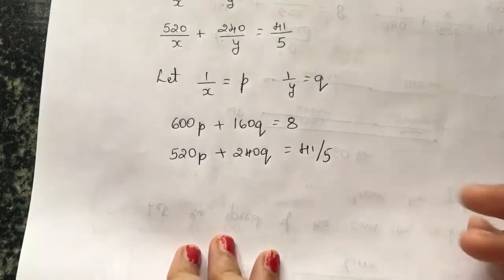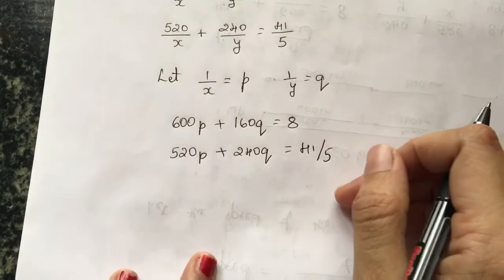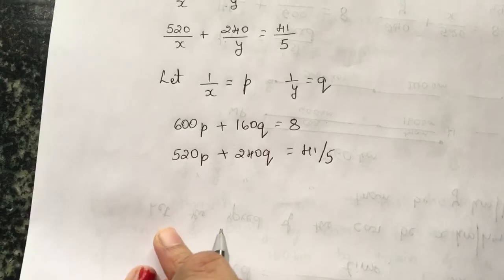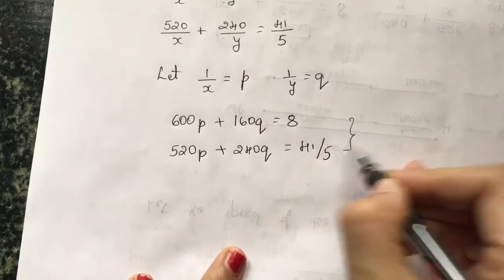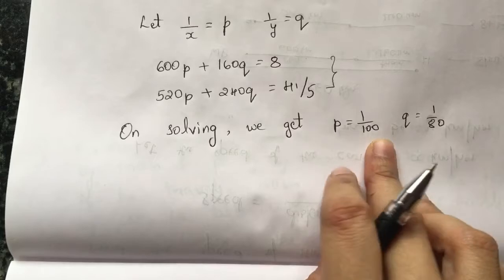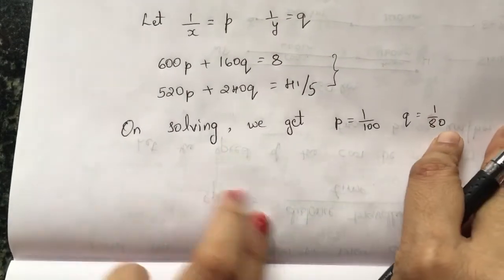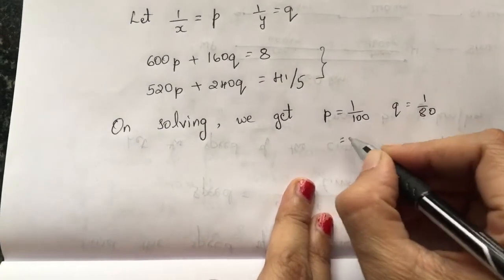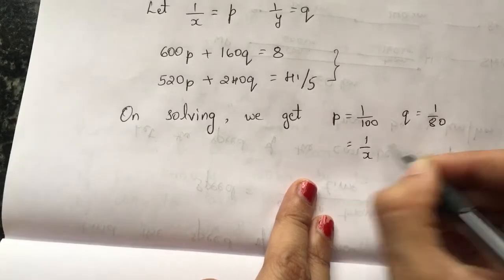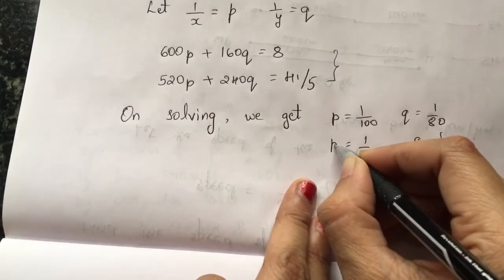Now you have to solve them. I'm just directly writing the answer. You have to solve and check with my answer. So I'm getting P equal to 1 by 100 and Q equal to 1 by 80. In fact, P is nothing but 1 by x and Q is nothing but 1 by y.